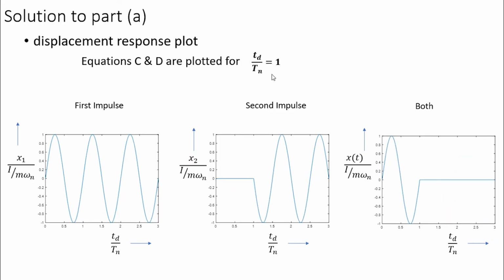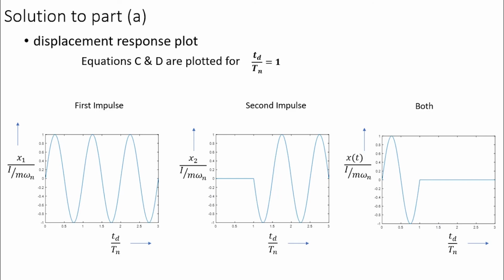So when Td by Tn is 1, the delay between these two responses is equal to Tn. So this second impulse starts after one cycle of the first impulse. If we add these together, for t greater than Td, the second impulse response and the first impulse response get cancelled out.